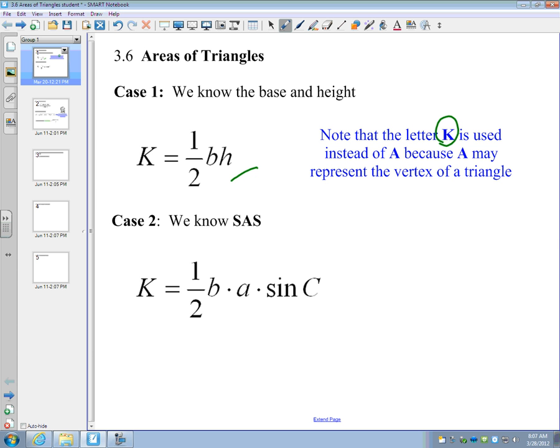If we know side angle side of a triangle, we go 1/2 base times A sine C. Remember, when we were looking at the ambiguous case, this is just the height disguised. So really each of these formulas is just like 1/2 base times height so far.